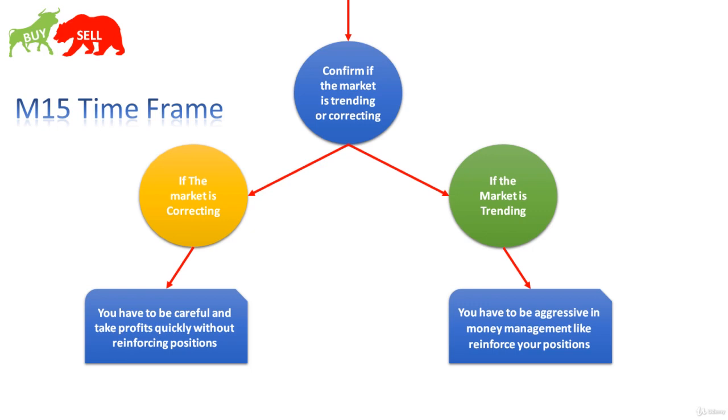So if it is in an uptrend, the market is trending. If the market in the M15 time frame is in a downtrend or ranging, the market is correcting. Okay, this is how you have to define the type of market.